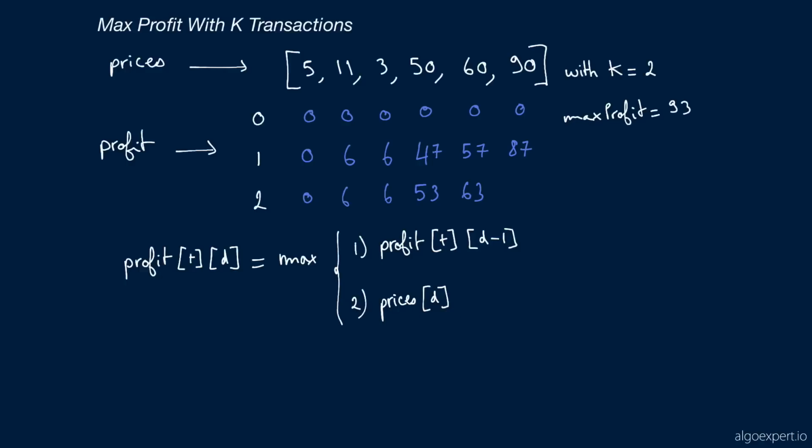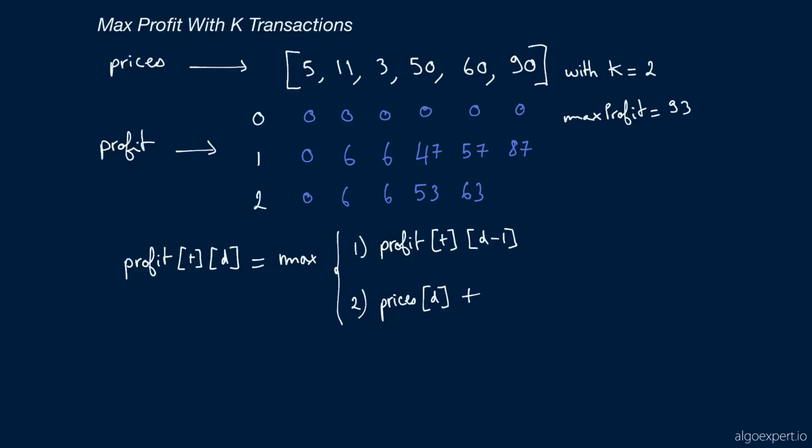Now wait, this formula is not done. Prices plus. So what are we adding to prices? What are we comparing the 63 against? Well, if we sell at 90, that means that we must have bought the stock at a previous time. So let's just assume for this example that we bought the stock at $50.